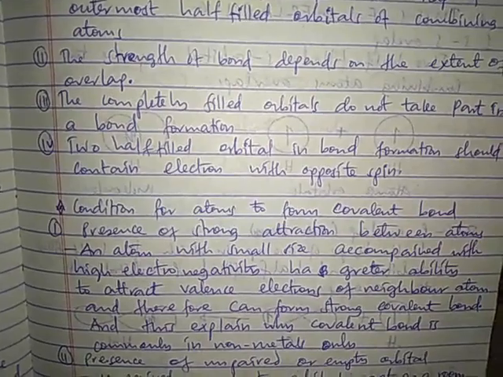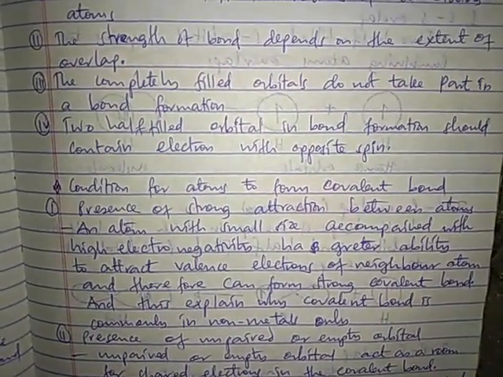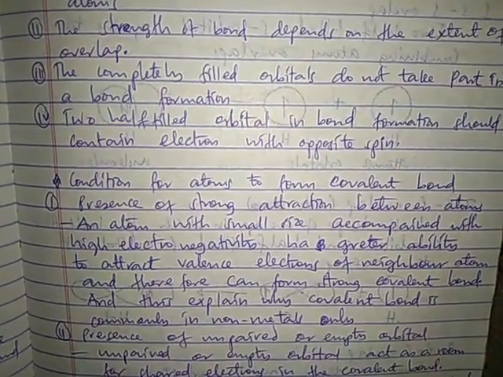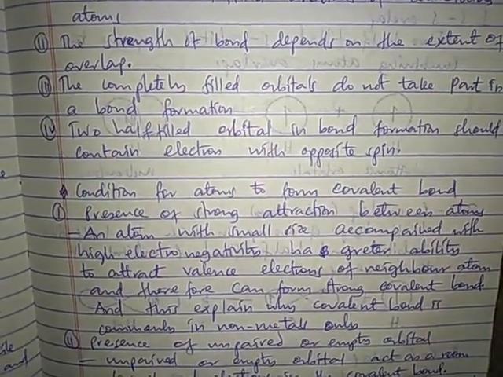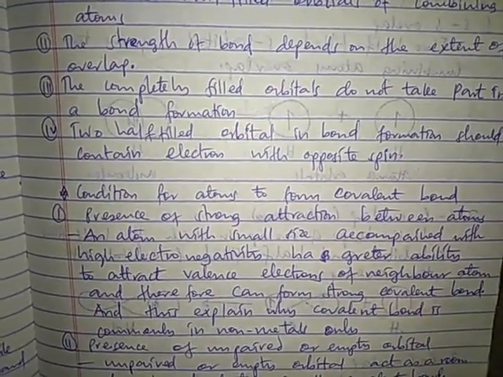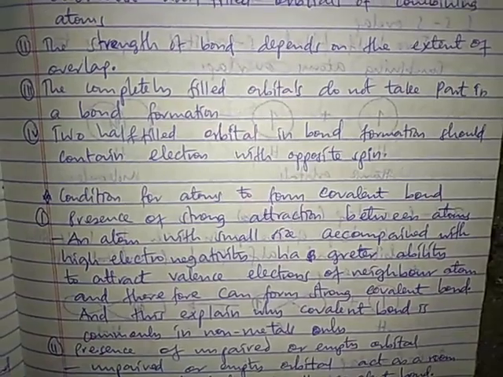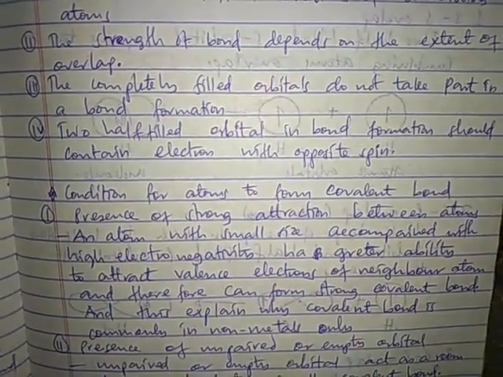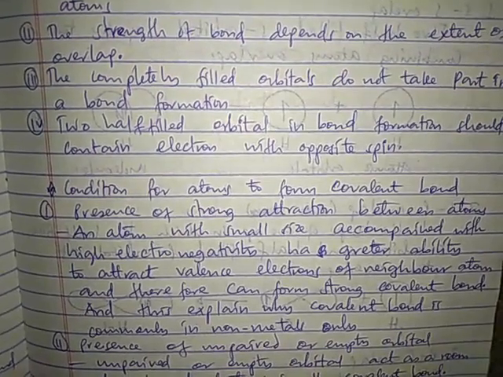Then the third postulate: the completely filled orbitals do not take part in bond formation. As we said in the concept of lone pair, lone pairs are pairs of electrons which are not involved in the normal covalent bond formation. Why? Because they are completely filled orbitals.